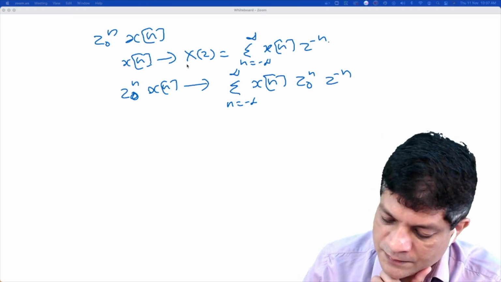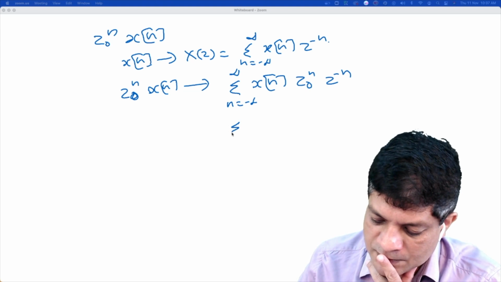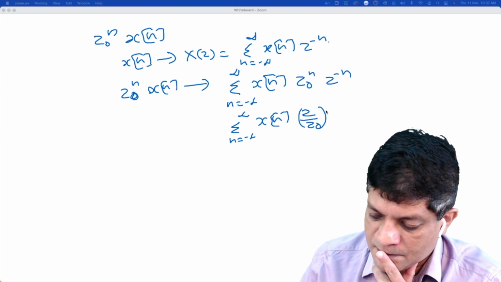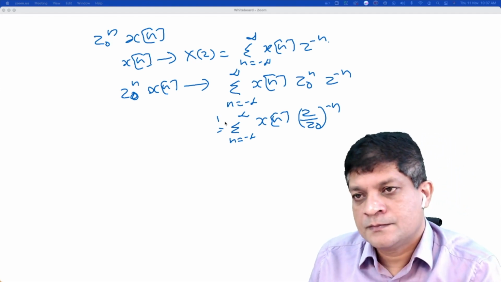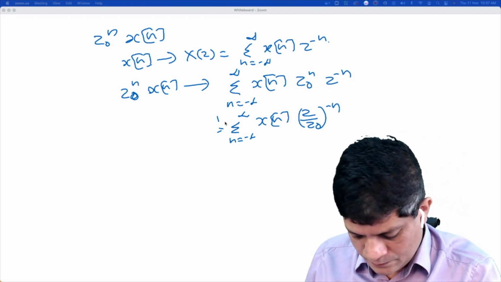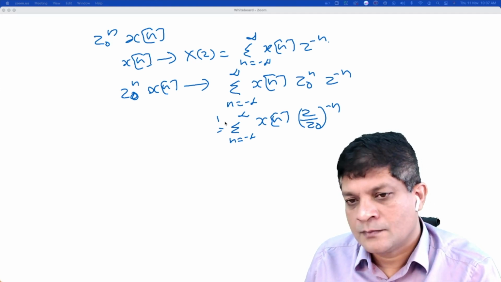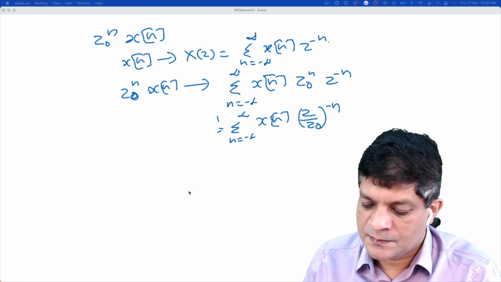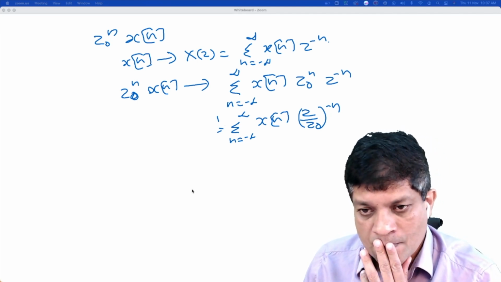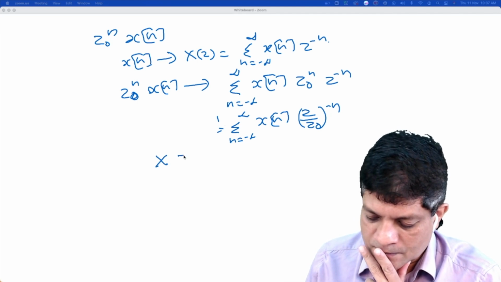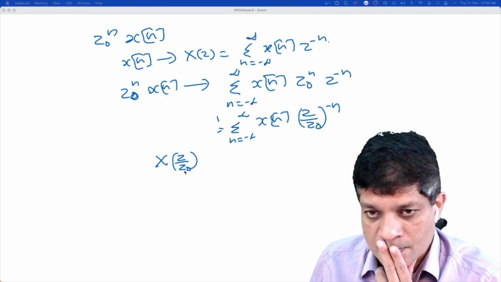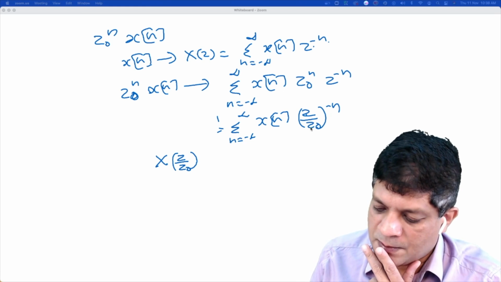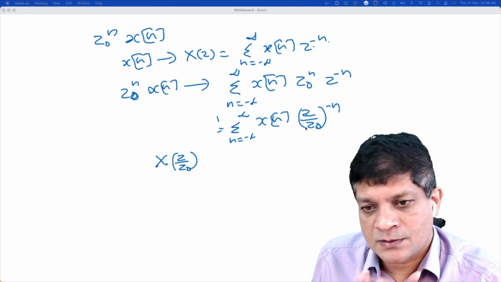Can we write it in terms of X(z)? What is the relation with this? Is it this? Replace z with z by z naught. So that is the property.